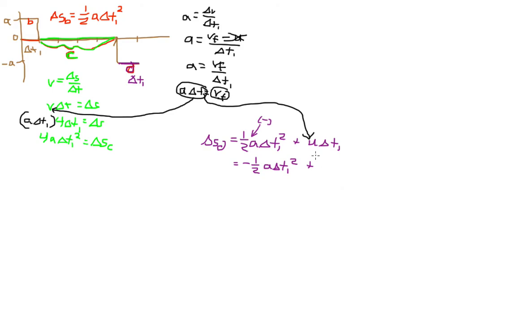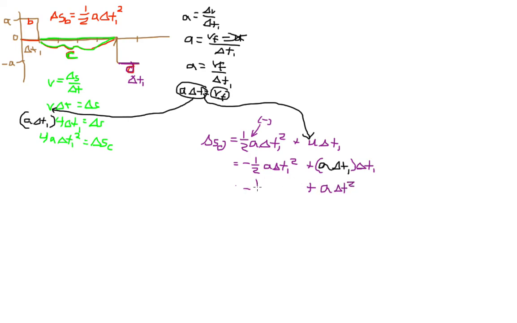It's very useful. So this is now a delta t1 over here, and this whole thing then times delta t1, just like that. So this term turns into a delta t squared.